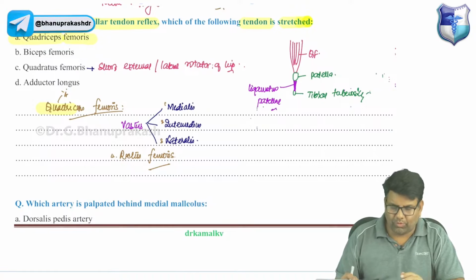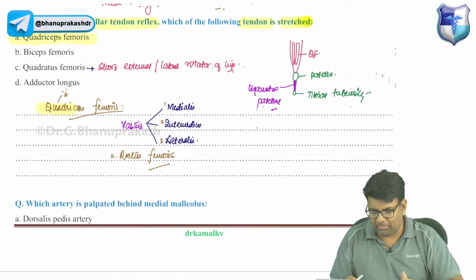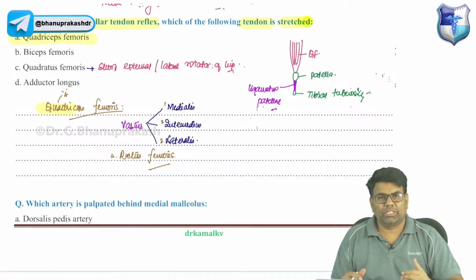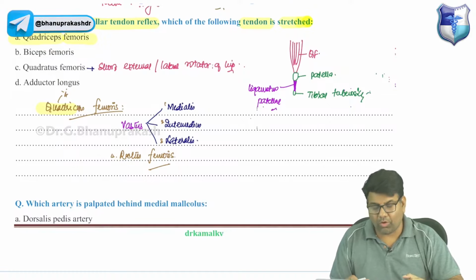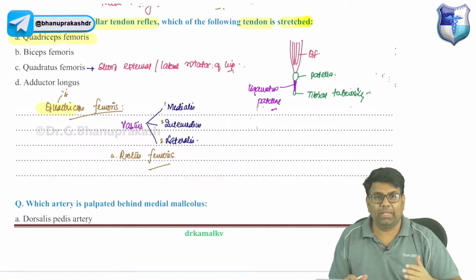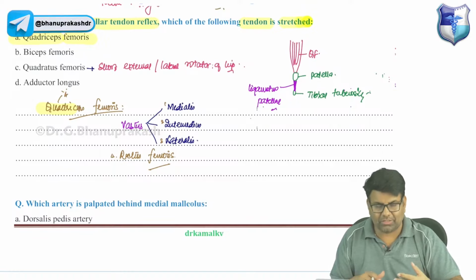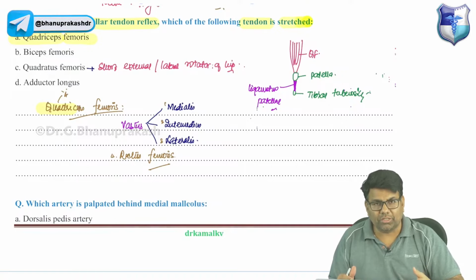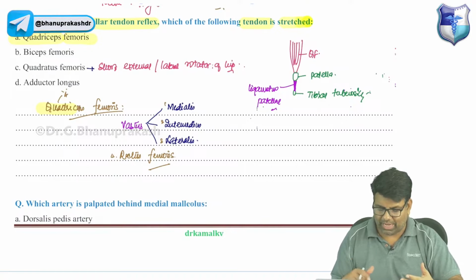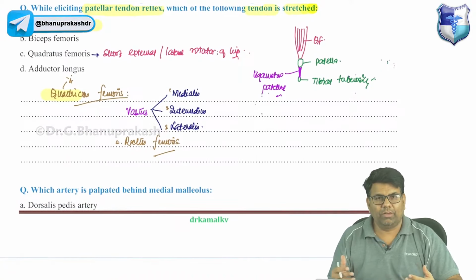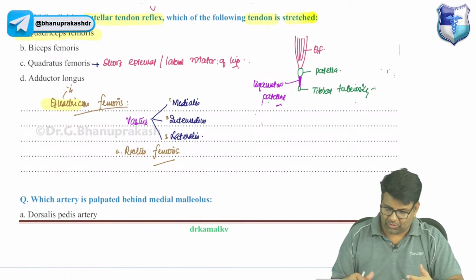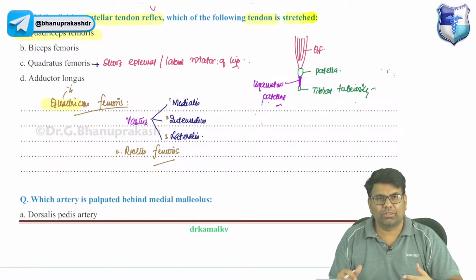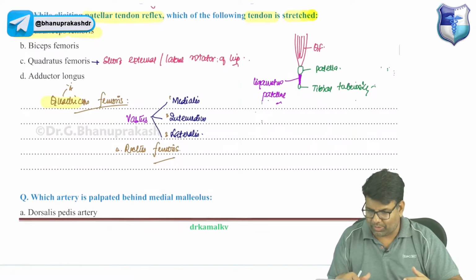So what we actually do, we stroke the ligamentum patellae, and because of that stretch reflex, there is contraction of the quadriceps femoris muscle, and there will be extension at the knee joint. So that is the normal knee jerk or knee reflex what we elicit, and this is a kind of deep tendon reflex. So this is ligamentum patellae, which is a tendon of quadriceps femoris.